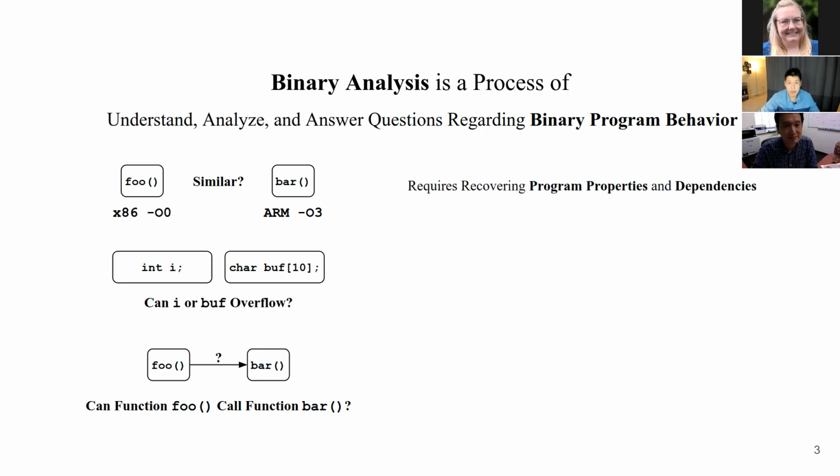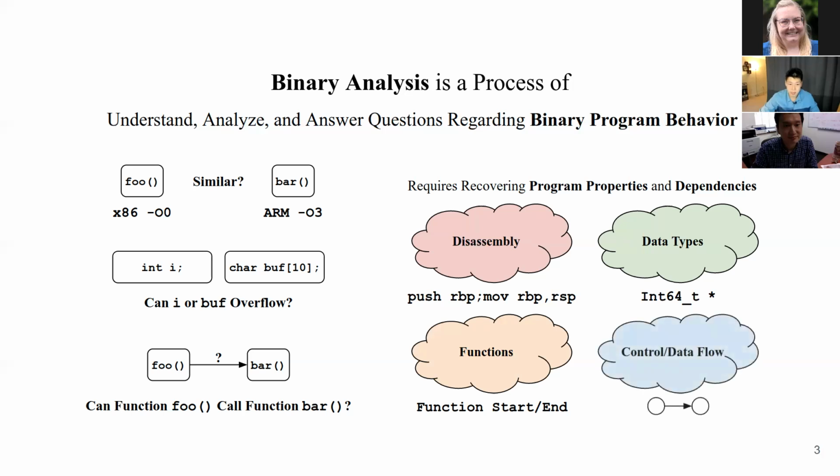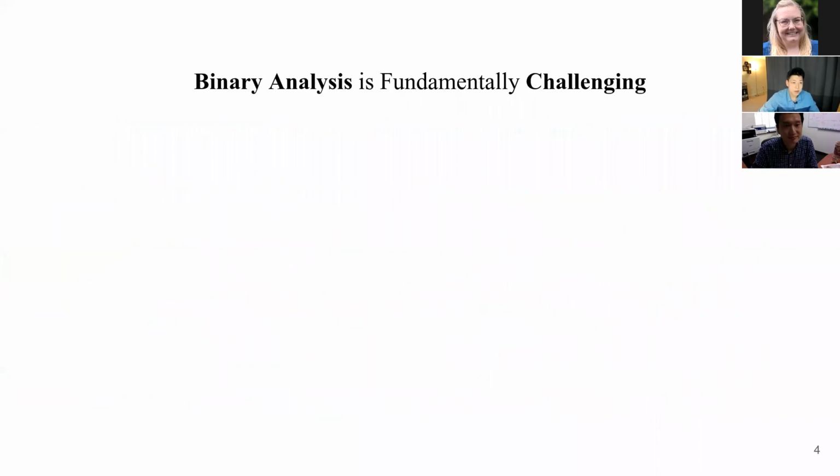And in order to answer these questions, there are many intermediate tasks that aim to recover program properties and dependencies, such as disassembly and recovering function boundaries, also doing type inference, and also recovering control and data dependencies. However, binary analysis is fundamentally challenging.